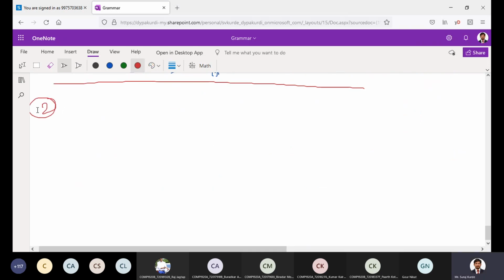Now, second point, left linear. We have seen right linear. Now left linear and DFA interconversion. Now there is a slight change in the rule, in both cases, left linear to DFA and DFA to left linear.